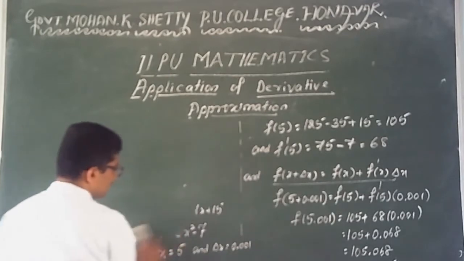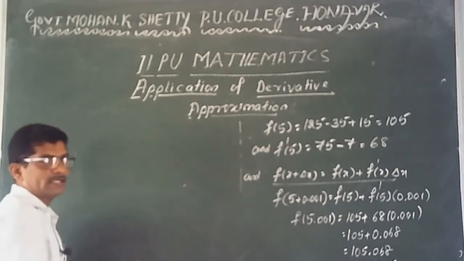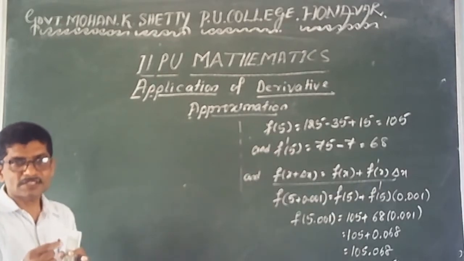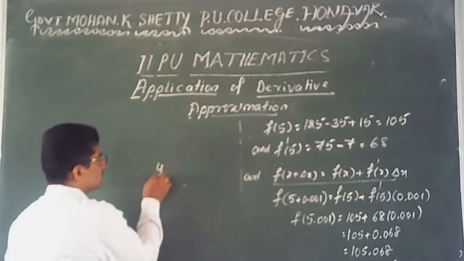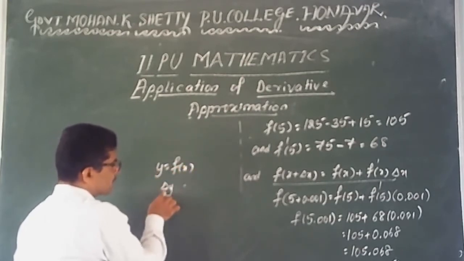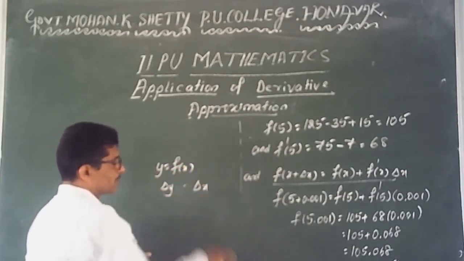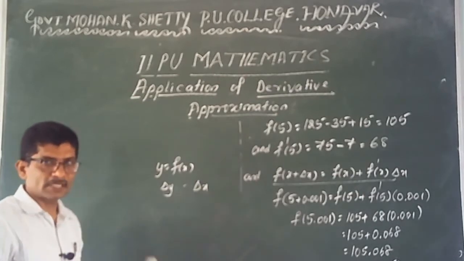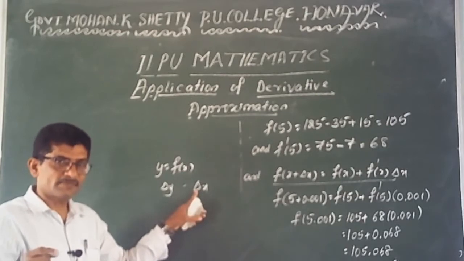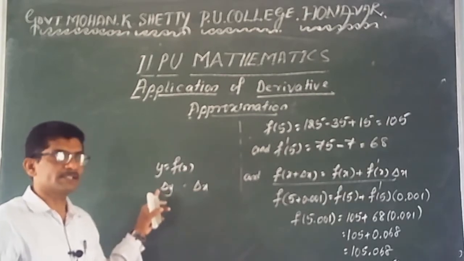Here you know the changes of y with respect to the changes of x. The change in x is very small. Here y is equal to f of x, a real valued function. The change in y is delta y. The change in x is delta x. Actually, you can say that suppose x is changing by a very small amount, then find the change in y.